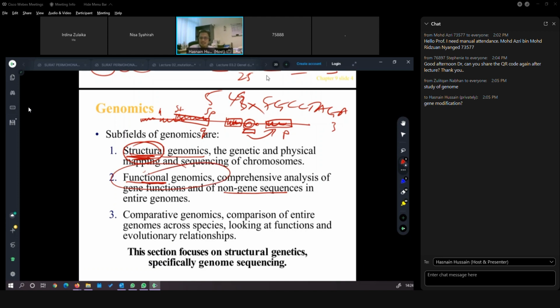The other subfield is comparative genomics. As the name says, you compare. It is a comparison of entire genomes across species, looking at function and also evolutionary relationships.